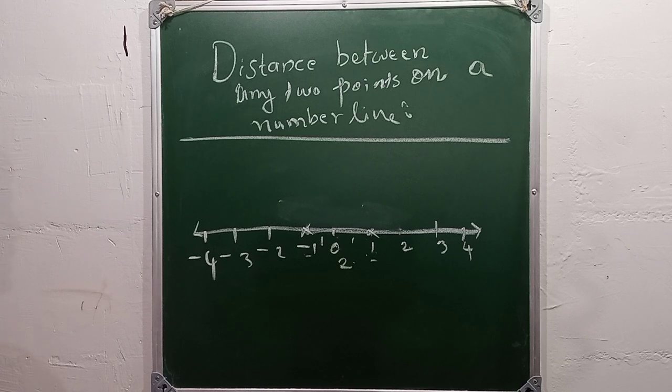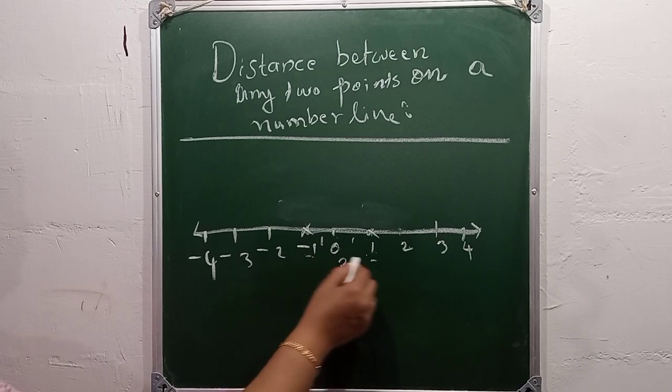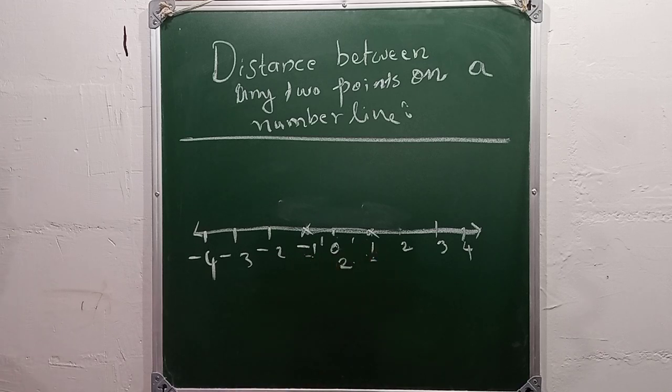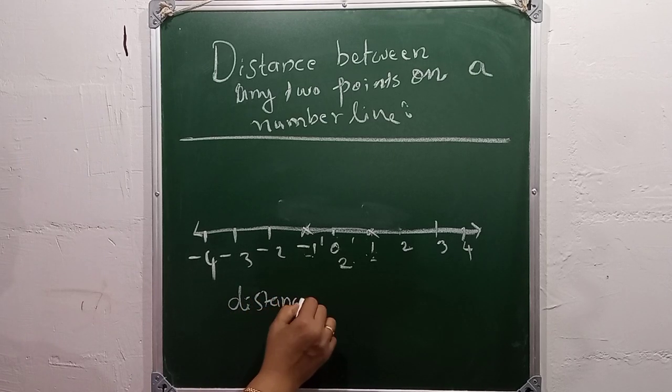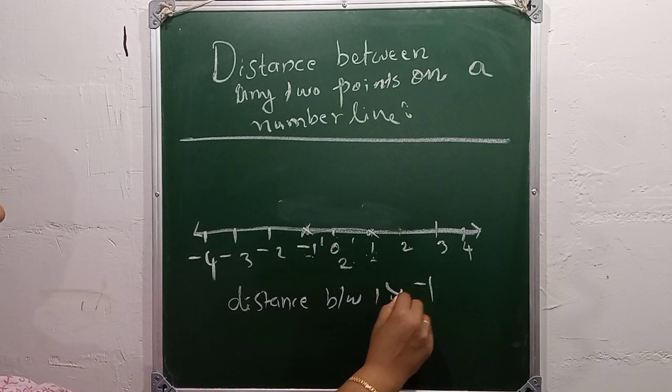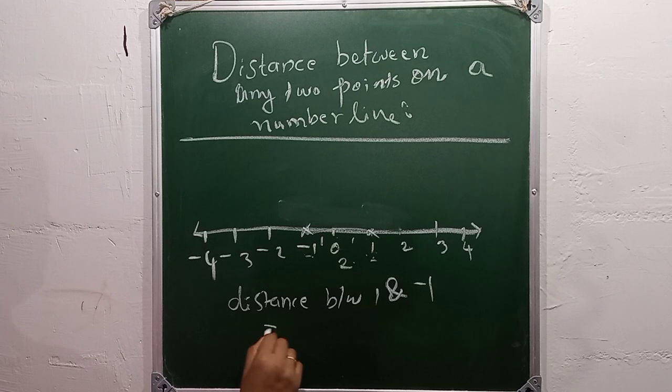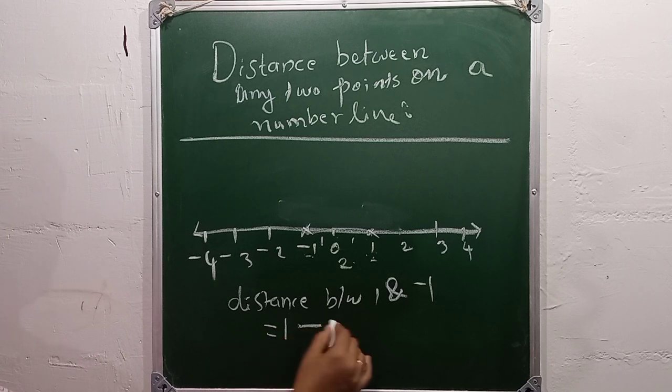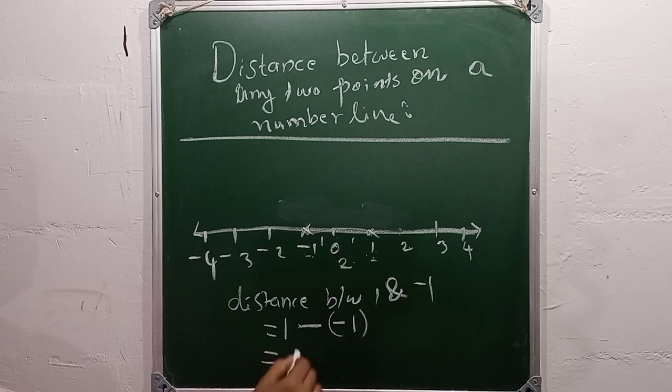Larger minus smaller. In negative 1 and 1, which one is larger? We know that 1 is larger. So the distance between 1 and negative 1 is equal to, yes, 1 is larger, minus negative 1.